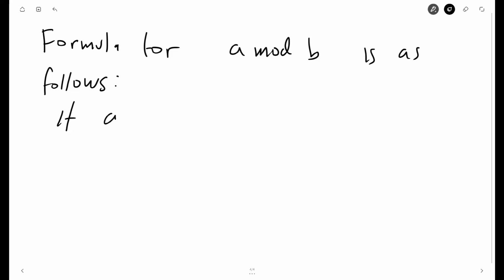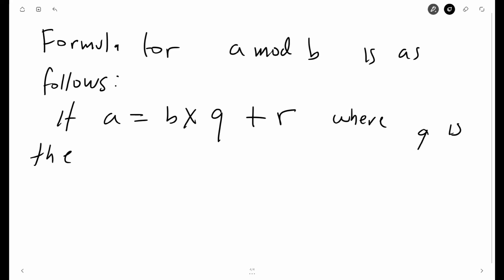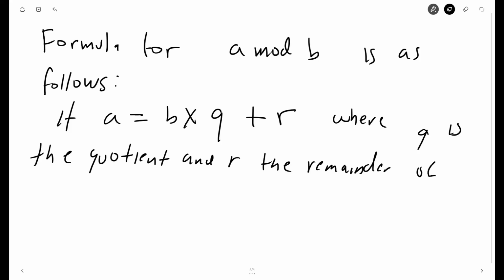Let's say that A is equal to B times Q plus R, where Q is the quotient and R the remainder of the division.